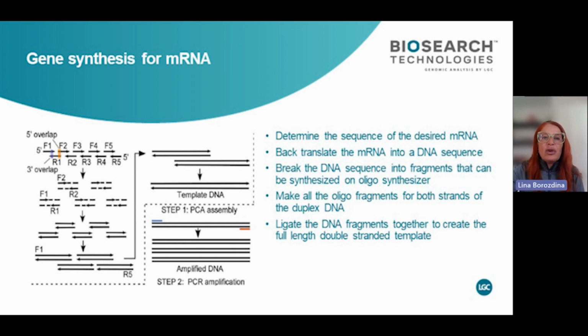So what you do, you put a 5' phosphate on each oligo. And then when you put them together, you add ligase. And what it does, it actually puts longer pieces together until you have a full length gene assembled, or a template in this situation.